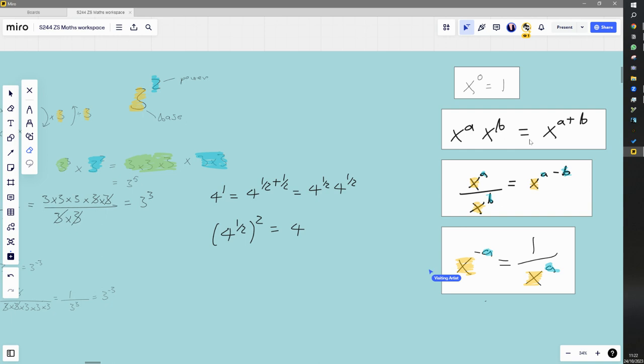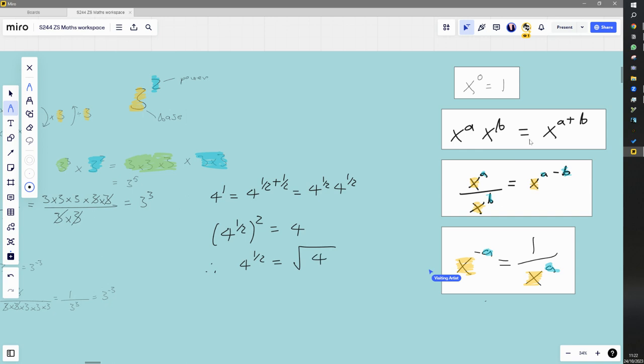So to find out what 4 to the half means, we can make this the subject by square rooting both sides, and it would cancel out this square here. So if this is true, then I could say that 4 to the power of a half is equal to the square root of 4.